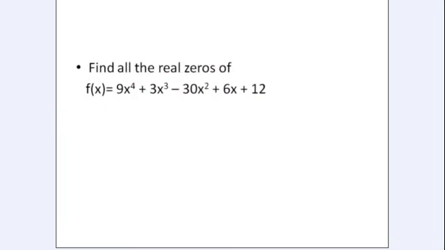Now let's look at how to find all the real zeros of a function. Well, if you're asked to find all the possible rational zeros, all you have to do is the p over q and list out all those positive, negative options. If it asks you to find all the actual rational zeros, then we have to plug in each of those and find which ones equal 0.